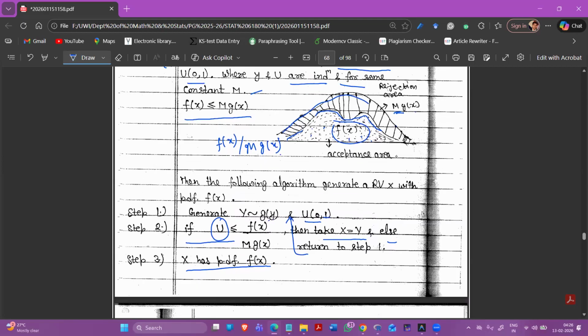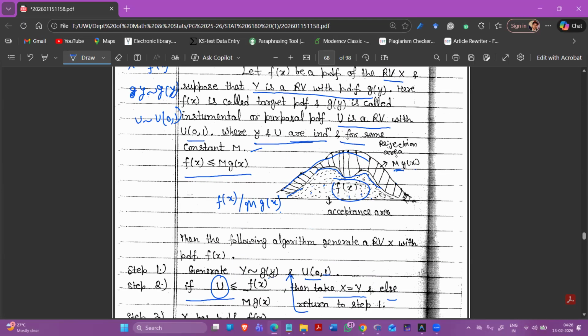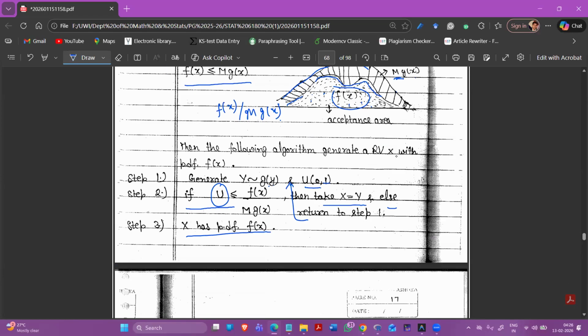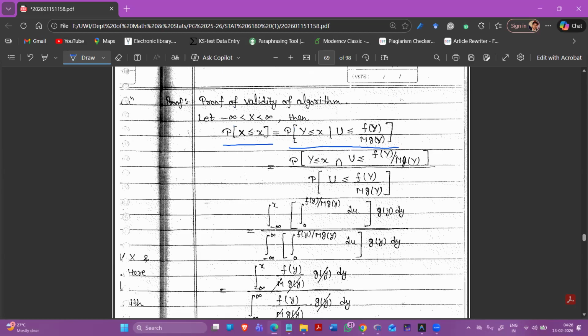Here we are saying that u and y are both independent. If they are independent, the intersection can be written as a multiplication: the probability y less than or equal to x times the probability u less than or equal to f(y) divided by M g(y).